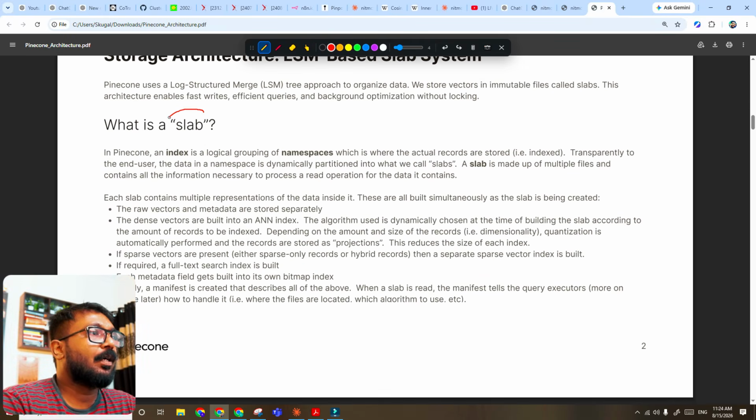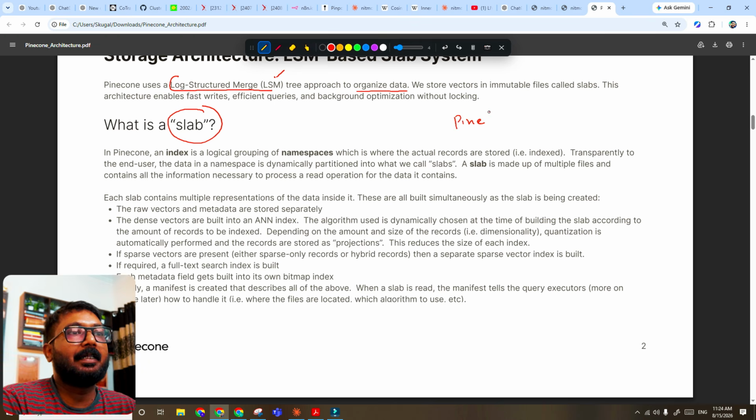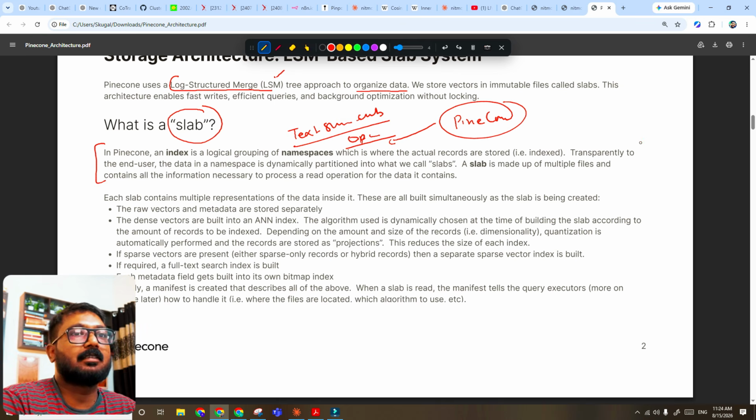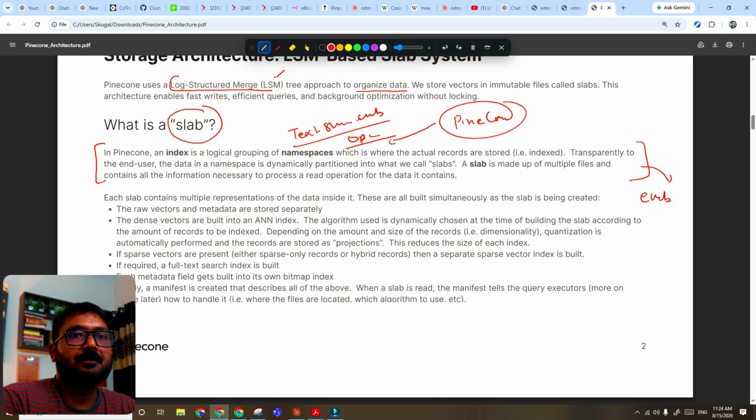So what is slab? So basically what happens, Pinecone uses a log-structured merge LSM tree approach to organize data. So whenever we use Pinecone, right? We try to, let's say, use text-embedding-3-small, for example, of OpenAI, and we take this kind of content, any chunking strategy that we select, and we build the embeddings, right?